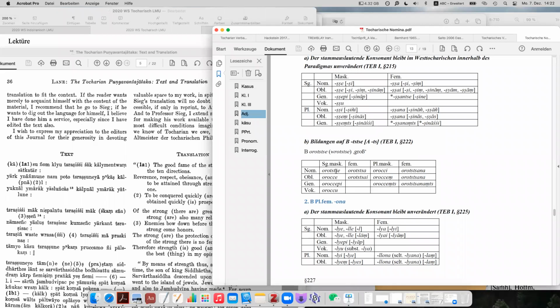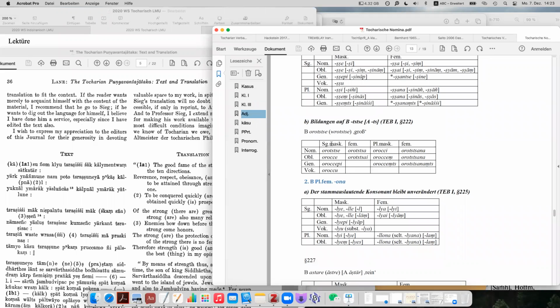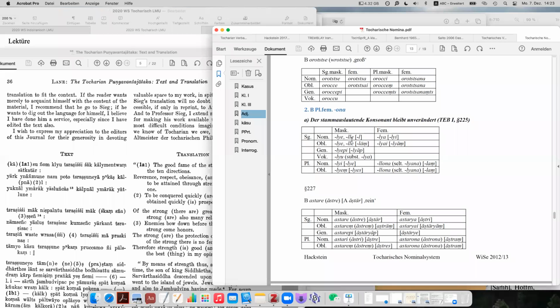Then another class comes from the Indo-European suffix, and this is also very productive. And this class with the l suffix is quite productive because the Tocharian gerundives end in l.